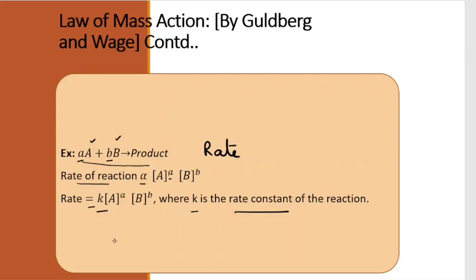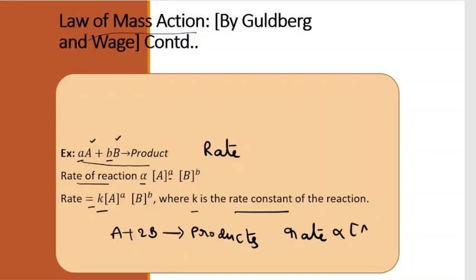For example, consider the reaction A plus 2B gives products. How does the rate depend according to the law of mass action? Rate is directly proportional to [A] power 1 and [B] power 2, raised to the stoichiometric coefficients.